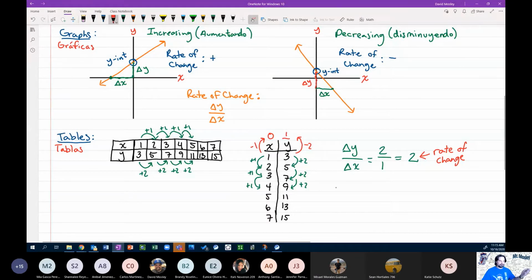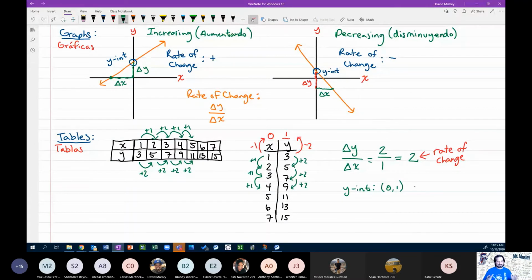So then, this gives me two things. I have the y-intercept, is the coordenadas, 0, 1. El valor de x es primero y el valor de y es segundo. Todo el tiempo. X primero, y segundo.